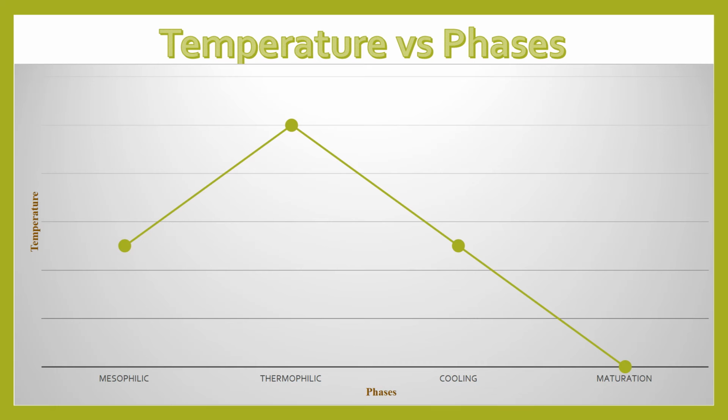Next, temperatures start to rise during the composting process, and the thermophilic decomposition is carried out by thermophilic bacteria, which is why it's called the thermophilic phase. Lastly, energy dwindles and so does temperature. Temperature starts to decrease, and that is your maturation phase. I included the cooling phase just to let you know that at this time the temperature is cooling.